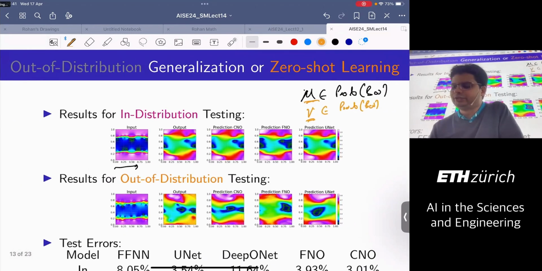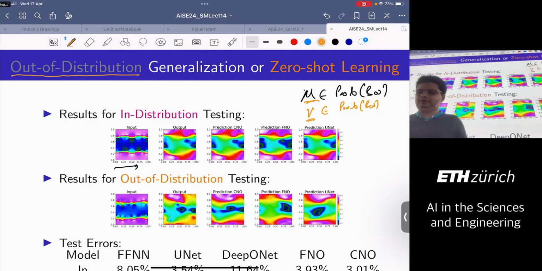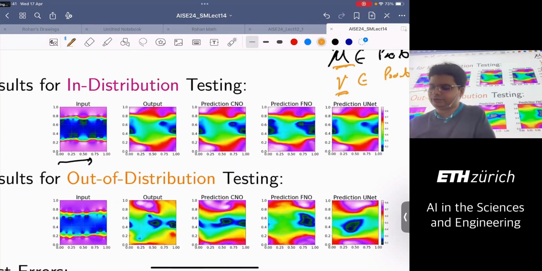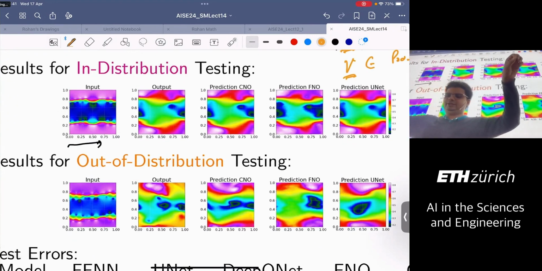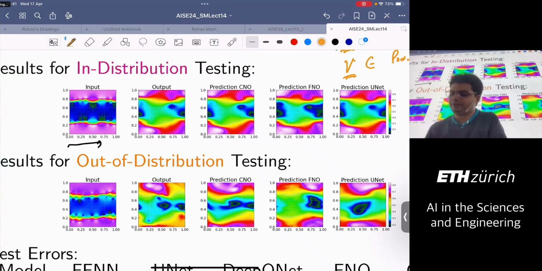Because now the data that you're giving is different from the data that you trained on. As you can see here, this was some initial layer, and we had some perturbations on that initial layer. Now what we do is that we have bigger perturbations, which were not seen during training time, and we also change the location of the layer, so we move it.